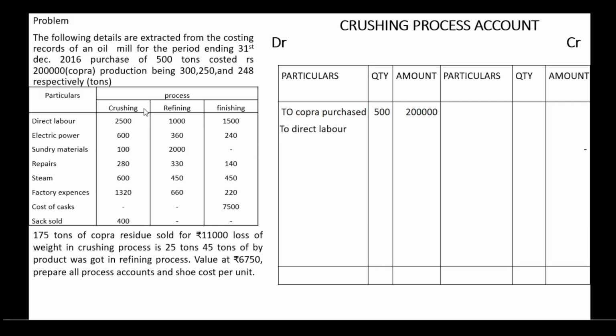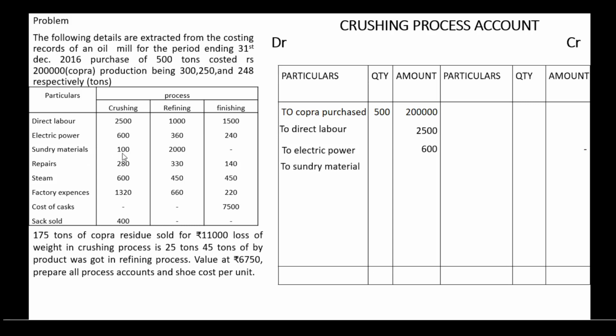To direct labor, here we enter only that of the crushing process. So the amount for the crushing process is 2,500. Since we are preparing only the crushing process here, we have to enter only the crushing process expenses. That is the direct labor, 2,500. And the next one, electric power, amount 600. The next one, sundry materials.